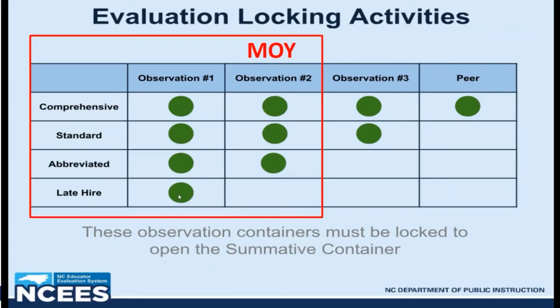The late hires will eventually be started. They only require 1 observation, but you can do more. So we're at the middle of year process, and we're going to go into observation 2 for comprehensive, standard, and abbreviated, and your decision on the late hire. And then to get to the end of the year, comprehensive and standard are going to need the 3rd observation, and the comprehensive is going to need a peer.